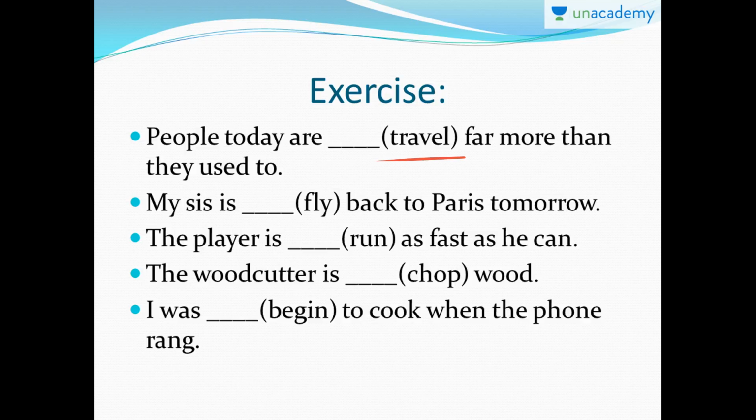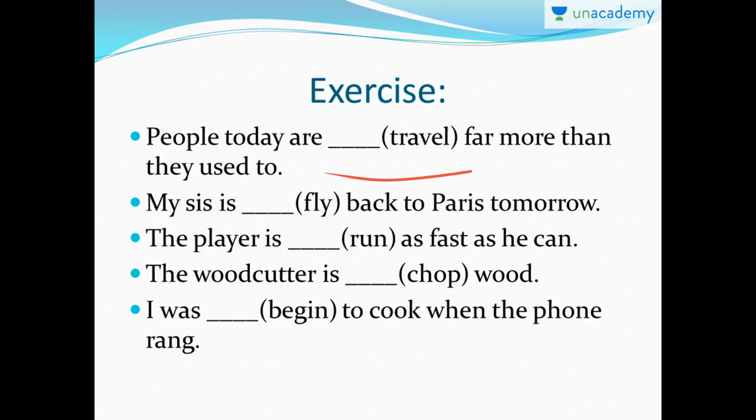Now, it's a present participle in the sentence and not a gerund because it is acting as a verb. In spite of traveling being the same spelling for gerund and present participle, here it is acting as a verb, and that is why it is a present participle. Next one. My sister is flying back to Paris tomorrow. Flying.